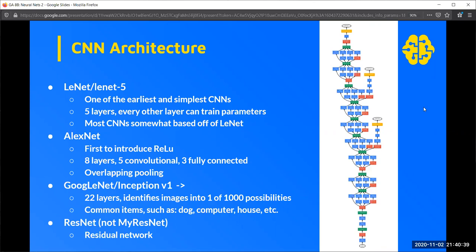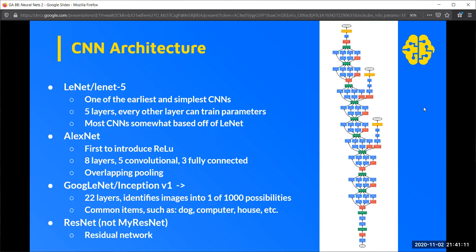This one has 8 layers, 5 convolutional and 3 fully connected, and it is also the first to introduce overlapping pooling. You know how in the other pooling, whenever we pool stuff, we just split it up into little bite-sized chunks, right? And then each of those chunks corresponds to one little square, right? But with overlapping pooling, you overlap it.